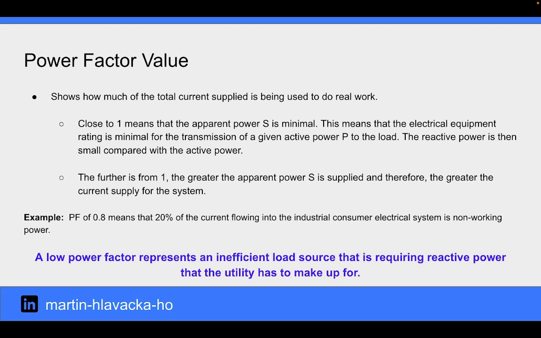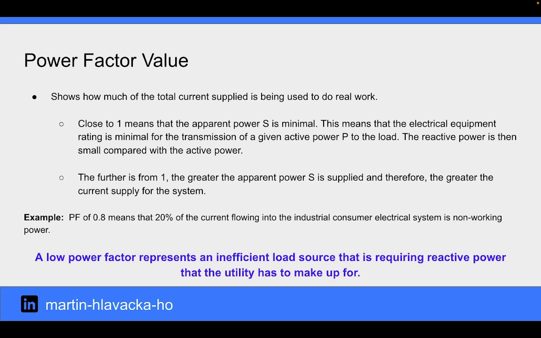The power factor shows how much of the total supplied current is used to do real work. A power factor close to 1 means that the apparent power is minimal. This means that the rating of the electrical equipment is minimal for the transmission of a given active power to the load.